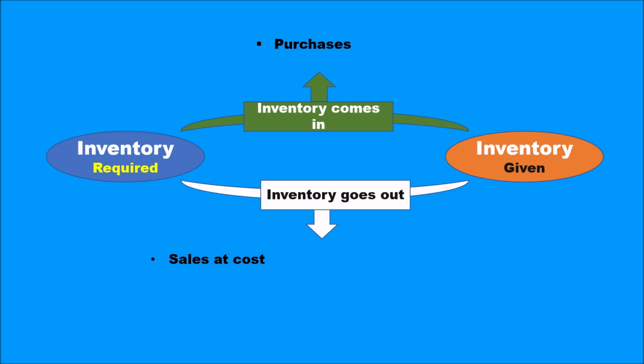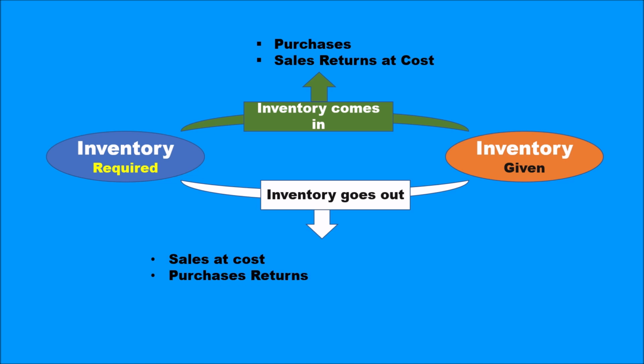Since we are dealing with inventory, which is always valued at the lower of cost and net realizable value, here we're going to take the sales at cost. Another way that inventory comes in would be sales returns, but we're going to take sales return at cost.